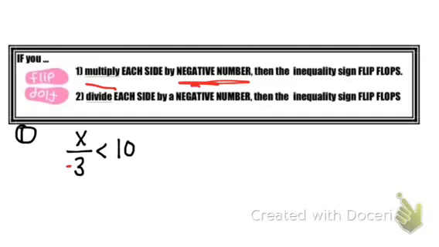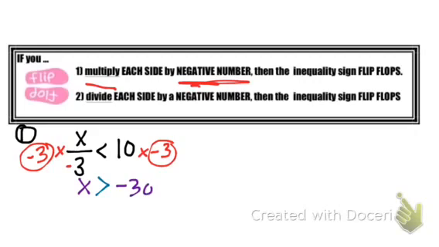If we divide x by negative 3, the inverse operation of division is going to be multiplication. So we're going to multiply both sides by negative 3. The fact that we're multiplying by a negative number will make this inequality switch signs to the opposite direction. So then my final answer would be x is greater than negative 30.